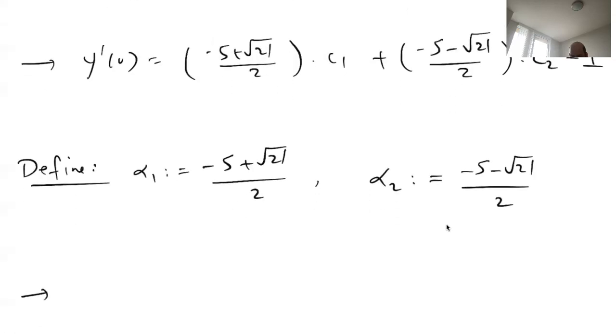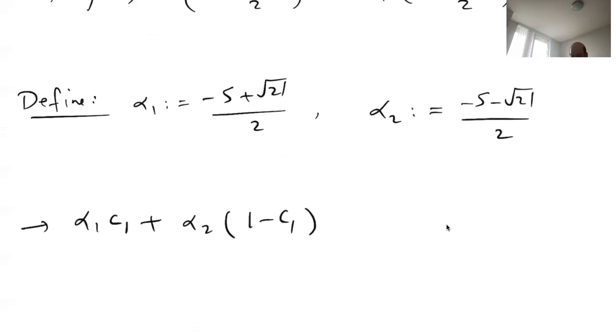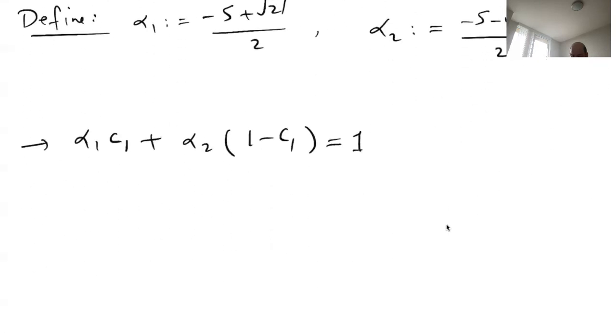Then we'll have alpha 1 c1 plus alpha 2 c2, where c2 is 1 minus c1. This has to be equal to 1. And this means c1 times alpha 1 minus alpha 2. This is alpha 1 c1 minus alpha 2 c1.